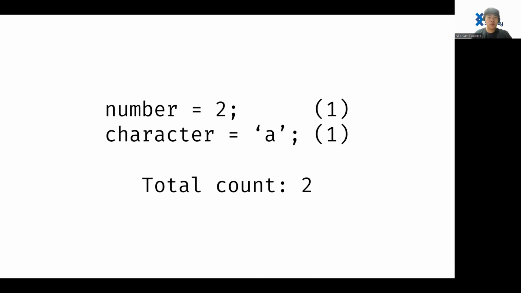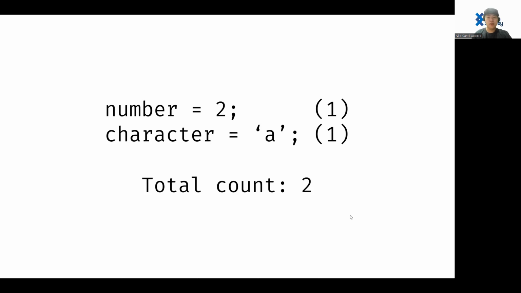Since there is one step in line number one and another one step in line number two, there is a total of two steps. It's just one step plus one step, and the total count is two. That's basically the gist regarding the basics of the frequency count.